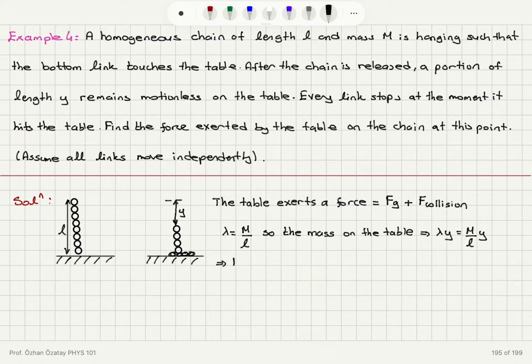Therefore, the weight sitting on the table is lambda y g, which is going to be the normal force exerted by the table on the chain sitting on it.